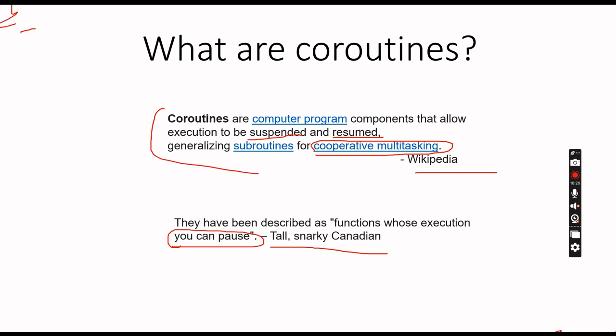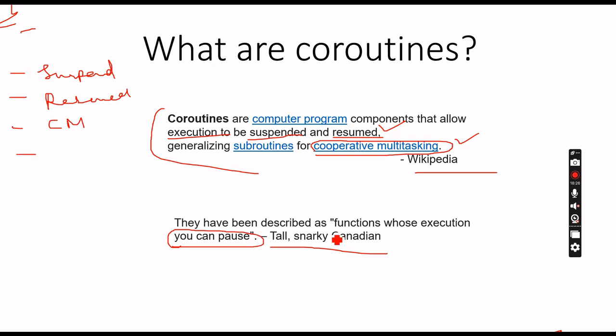There are a couple of key takeaways from this slide. Number one, a coroutine is something whose execution can be suspended and whose execution can be resumed. Coroutines use the principle of cooperative multitasking.